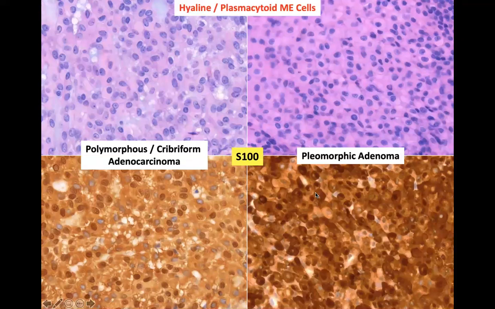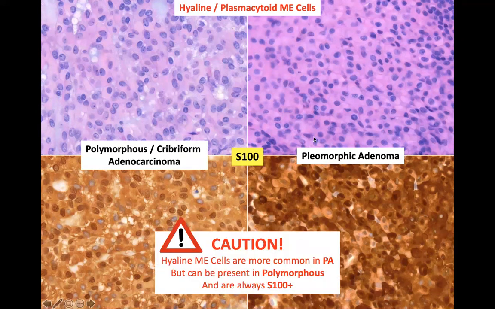Okay, one caveat is that S100 can be diffusely strongly positive in the hyaline plasmacytoid cells of a pleomorphic adenoma. So if on a small biopsy, all you get are these hyaline plasmacytoid myoepithelial cells, I wouldn't necessarily be 100% convinced that this is a PA versus a polymorphous/cribriform. You can see these high power views of both that are quite overlapping.